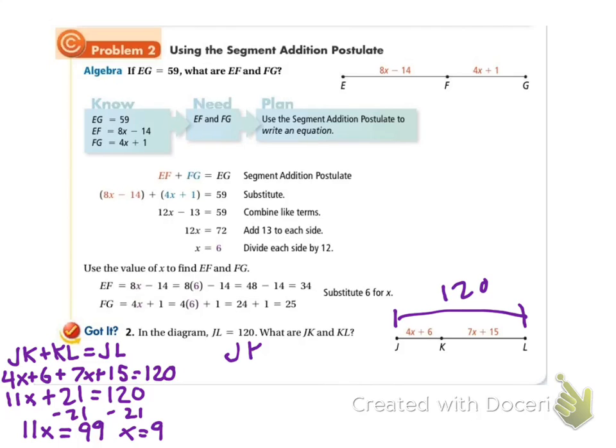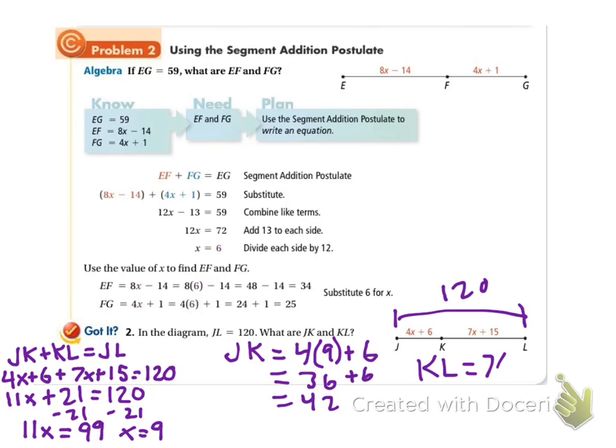So JK is equal to 4 times 9 plus 6, which is 36 plus 6, which is 42. And KL is equal to 7 times 9 plus 15, which is 63 plus 15, which is equal to 78. There we go.